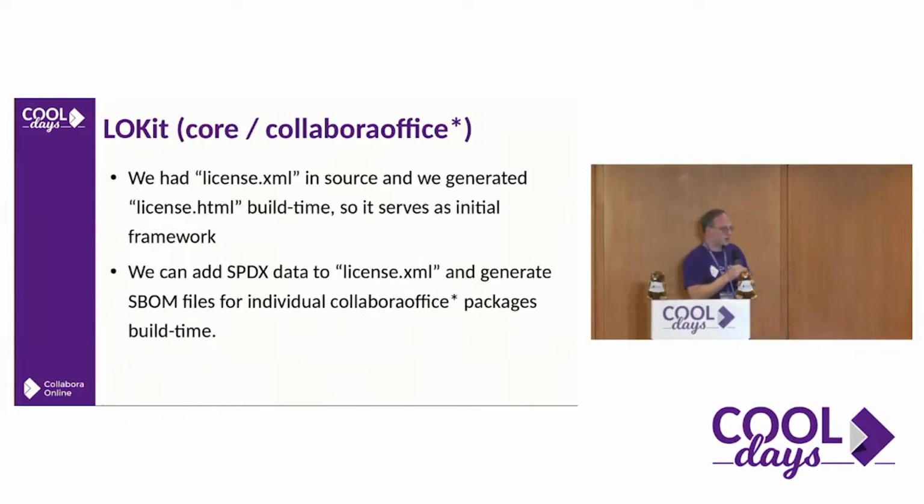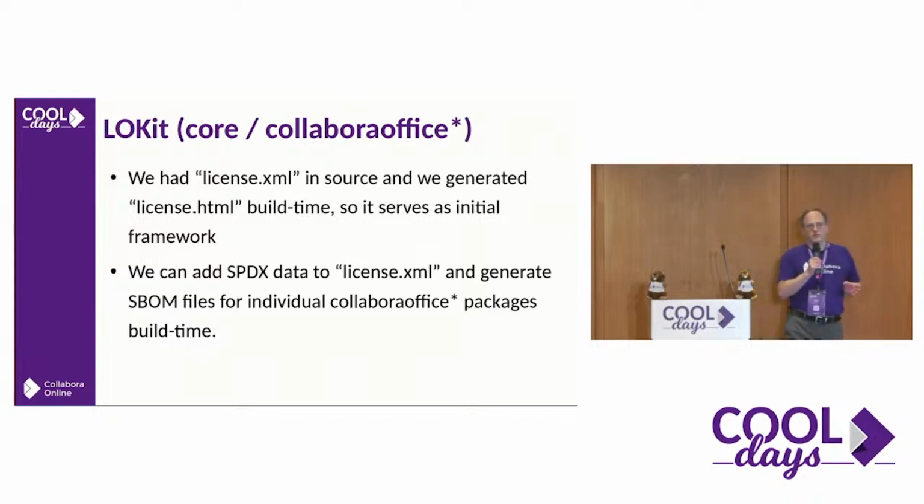So we already have a framework for the license information. We have this license XML file, and we generate a license HTML file out of that at build time using the build tags.